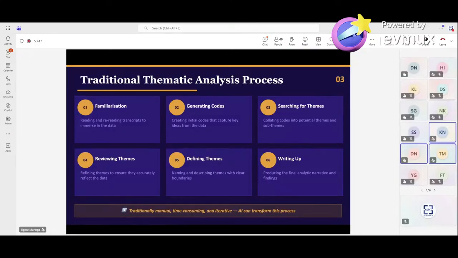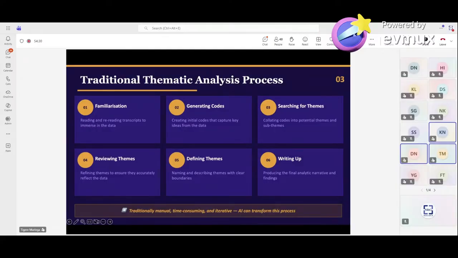But in between this whole six-step process, there are a lot of things that as a researcher you'll be doing. You'll be writing down notes, bringing codes together, erasing and deleting some, color coding. So the traditional thematic analysis approach, as beautiful and effective as it's been over the years, we are increasingly realizing that it is manual, time consuming and iterative in nature.